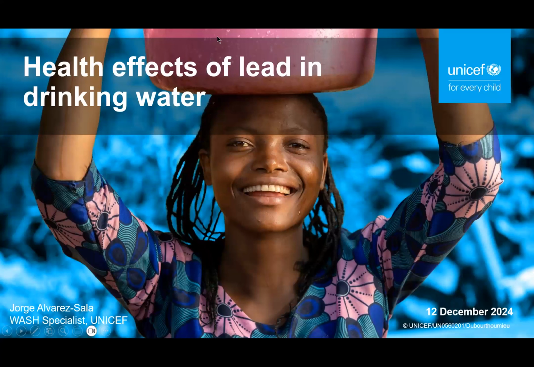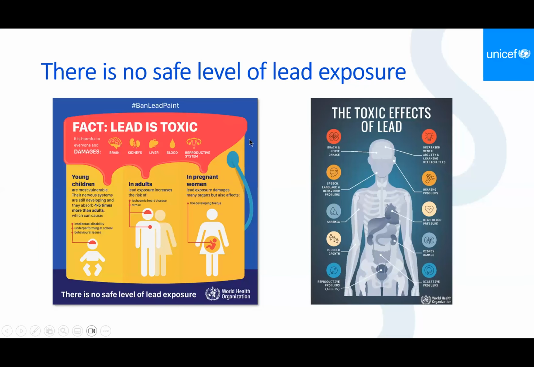Thank you very much, Jesse. Just a clarification, I'm a WASH specialist, but still working in New York. If we move to the next slide, we are going to go through the health effects of lead in drinking water. Lead, as Jesse introduced, is a chemical of significant public concern, according to WHO.